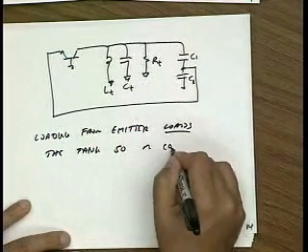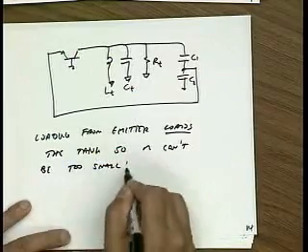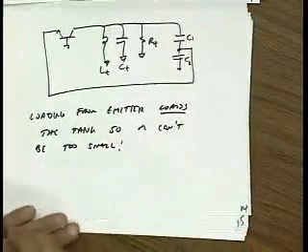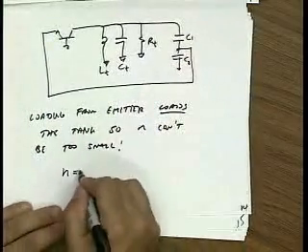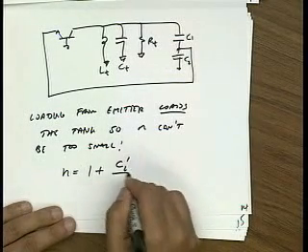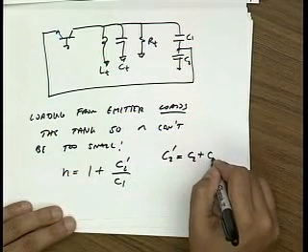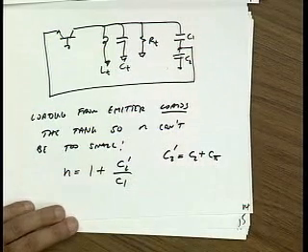So N can't be too small. Okay? And because this is a capacitive divider, N is just 1 plus C2 prime over C1, where C2 prime is C2 plus C pi of the transistor.